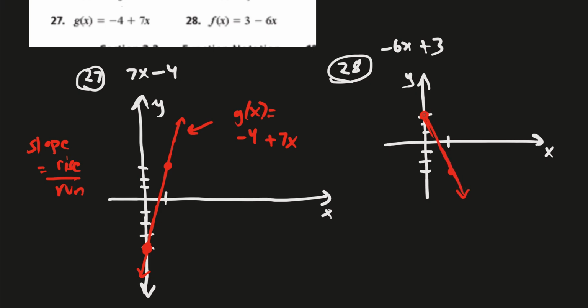And then draw your line. Let's try to make this as straight as possible. And that's good enough. This is our function f of x equals 3 minus 6x.